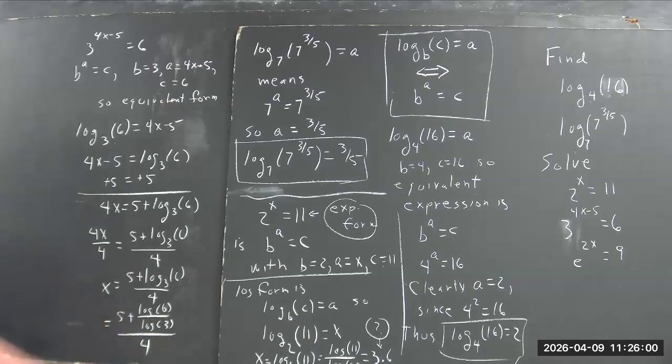And at this point, you can enter that expression in your calculator. Then you want to check it to make sure you entered it correctly. You want to plug your result back into the original equation. You're going to get 4x minus 5 is about 1.7. So it'd be 5.7 over 4, about 1.4.